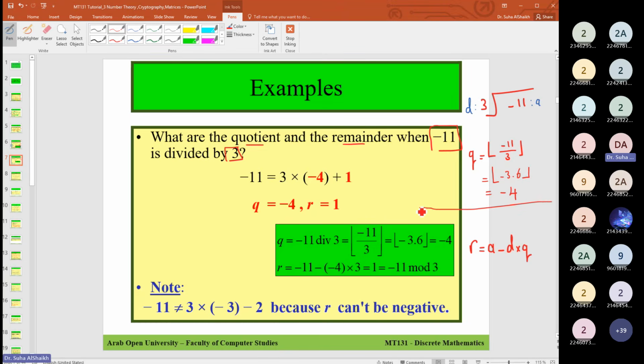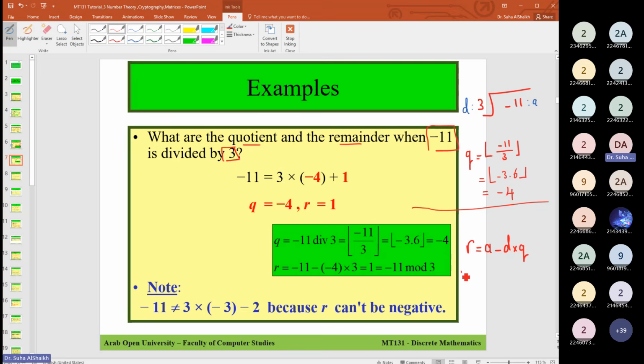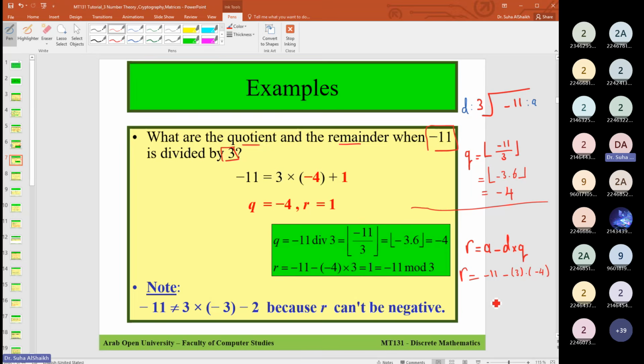So we got our Q, which is the div. So R is equal to A, which is -11, minus D, which is 3, multiply with Q, which is -4. This is equal to -11 plus 12, which is 1. So our remainder is equal to 1.